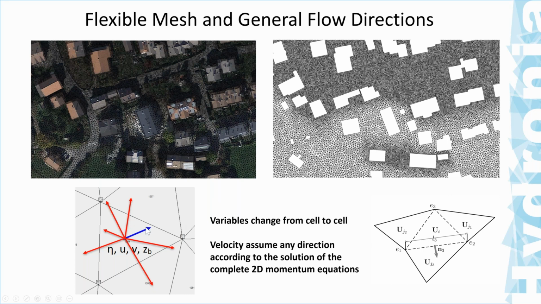The model uses the full two-dimensional equations of mass conservation and momentum, and does not restrict any velocity direction, as you may find in some simplifying older models. So the basic computational unit is the triangle.